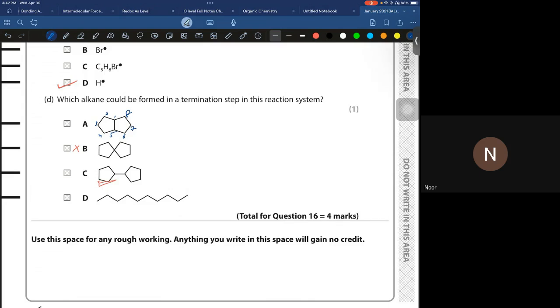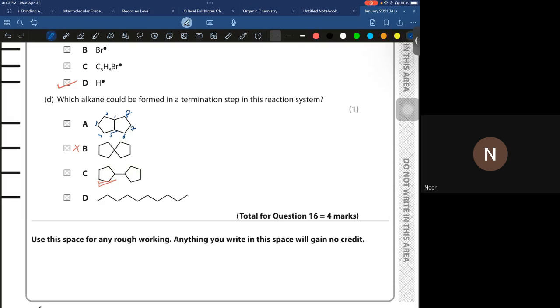So the carbon atoms should be 10 on the product side. If you count 1, 2, 3, 4, 5, 6, 7, 8, 9, 10, that's correct. So this is option C.